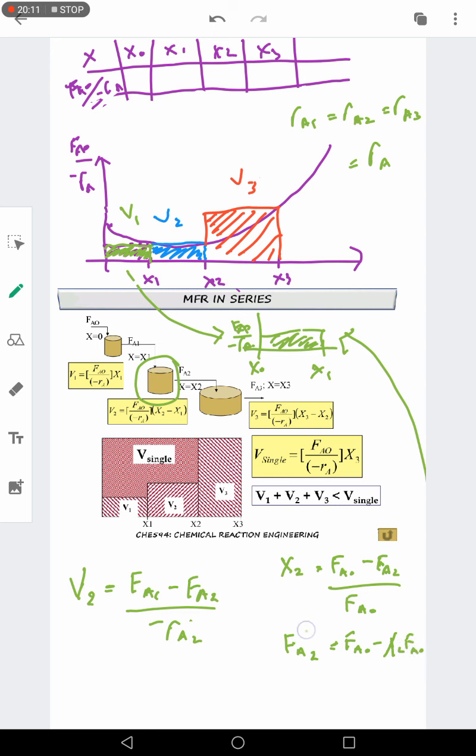So you put this equation into this one, and finally you get V2 equal to FA0 over RA. I think my pen battery is almost gone. Okay, I have to stop right here.